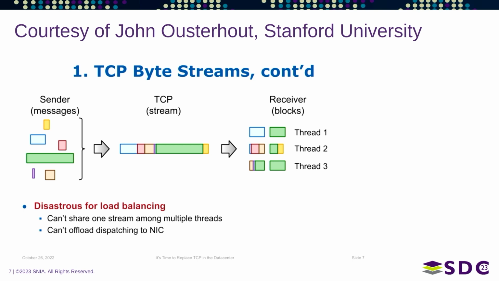And that adds to the problem set of TCP, where you can't really share one stream over multiple threads and then have one thread work on, let's say, the green message and the other thread work on the orange message, for example, okay? That's very, very difficult.